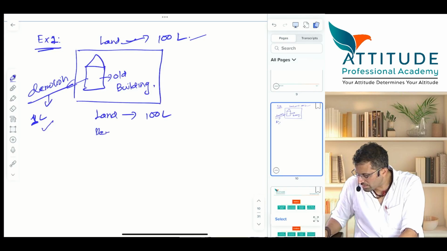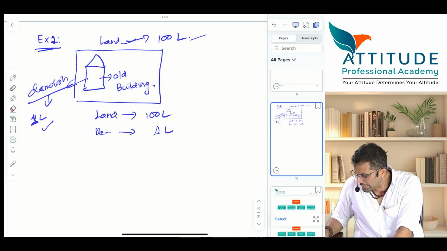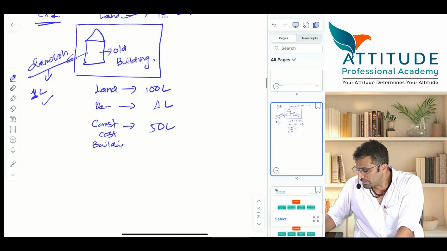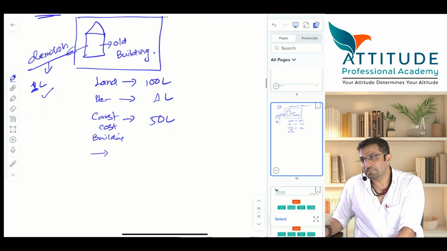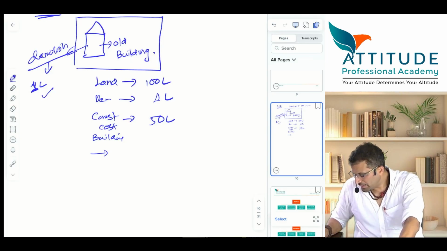Demolition cost is 1 lakh. Then I am constructing a building. Construction cost of the building is 50 lakhs. And then I have to paint it. Painting charges are 5 lakhs.